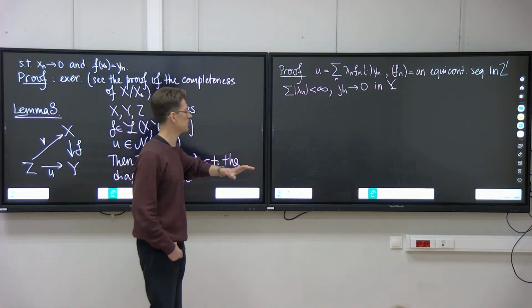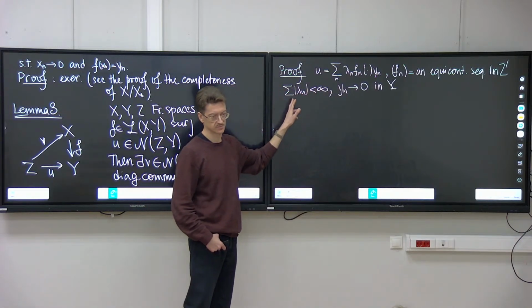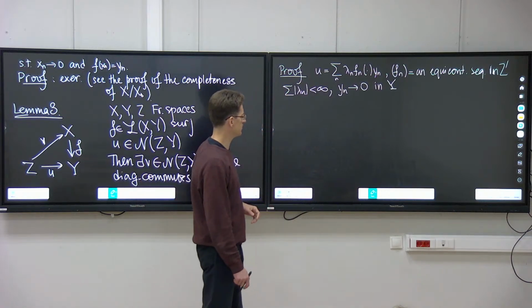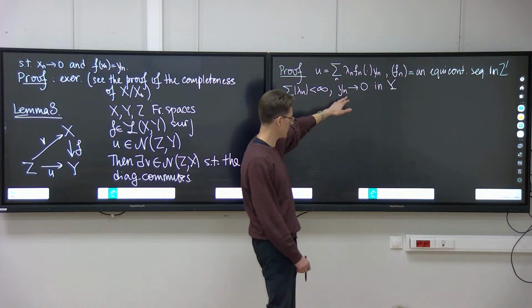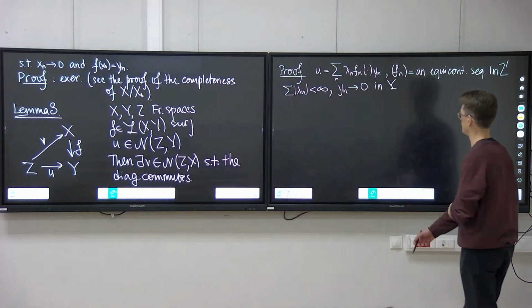It converges to 0 so slowly that this property still holds after we divide lambda_n by the respective numbers. Anyway, this is a simple exercise that we can always arrange y_n in such a way that they converge to 0.